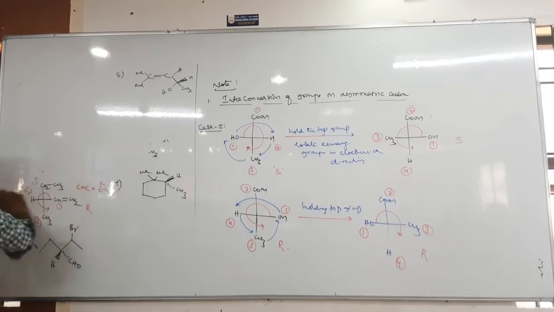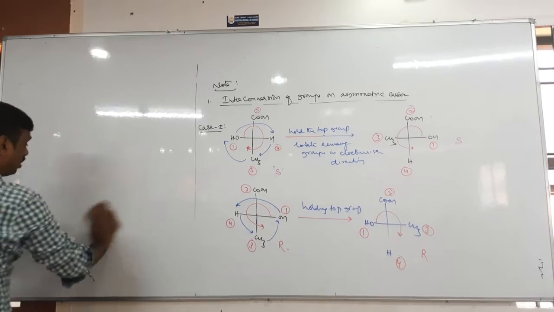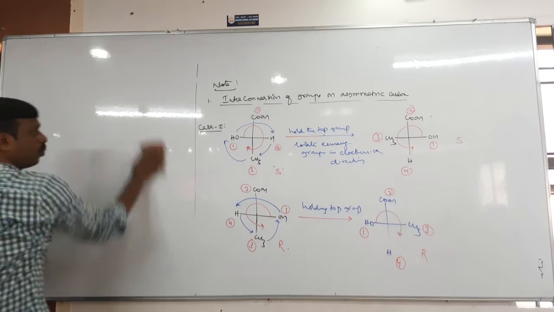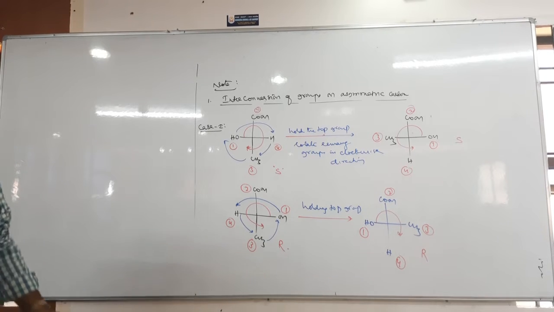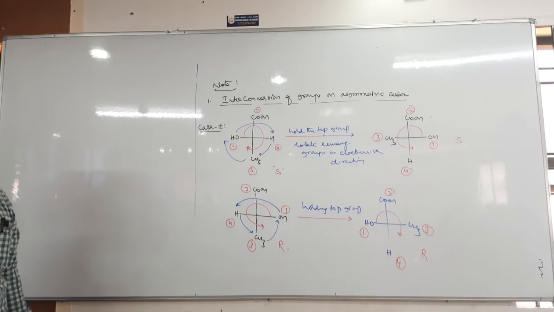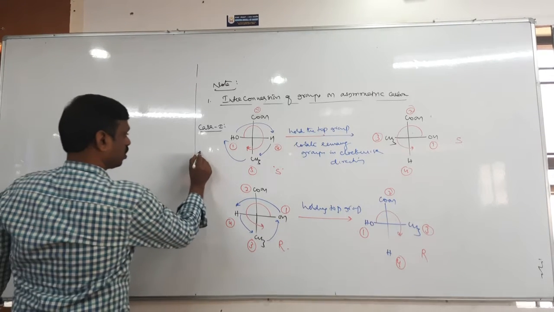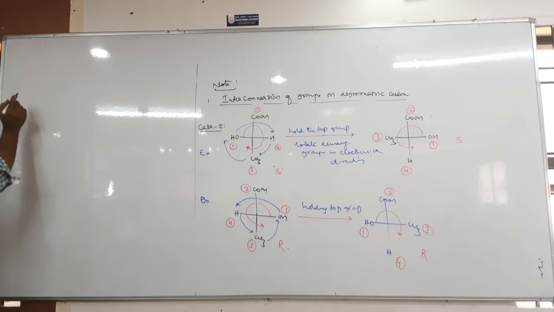Homomers can be obtained by holding the top group and rotating the remaining groups either clockwise or anti-clockwise direction. So example 1, example 2. Next, case 2. Take the example.